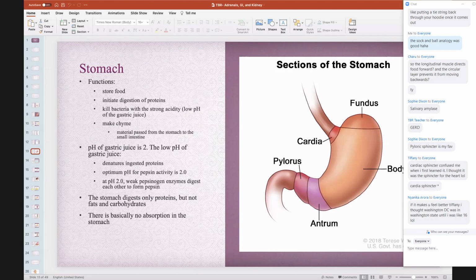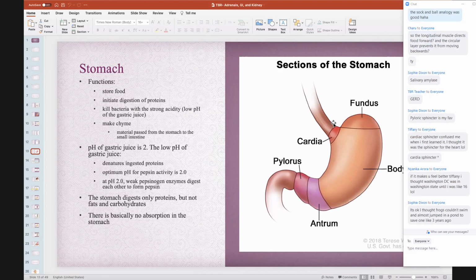The cardia is just a region of the stomach. The lower esophageal sphincter is right in this area. You don't really need to know the regions of the stomach, including the fundus, which really just stores food and stores specific gases that get produced by the breakdown of the food by the acid.